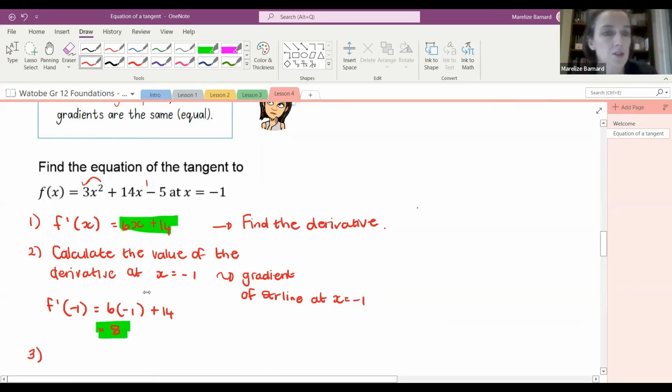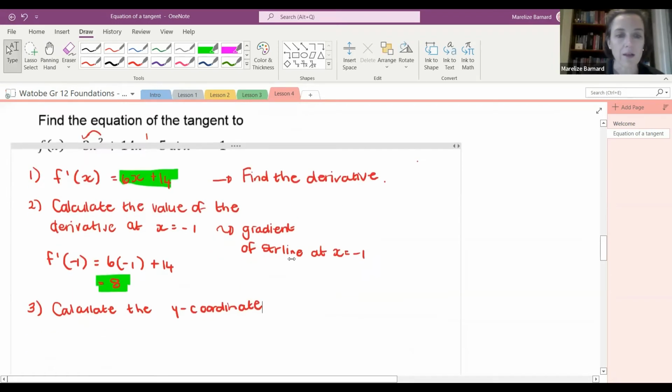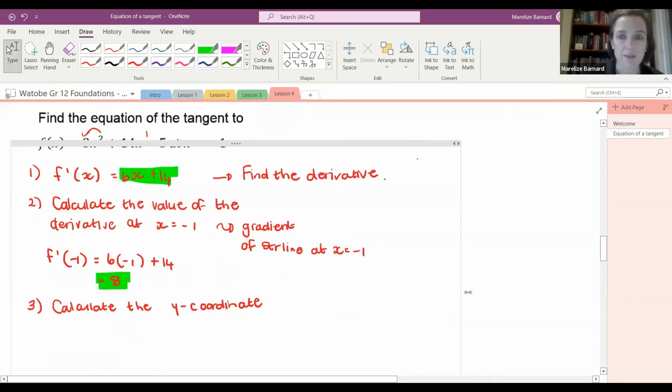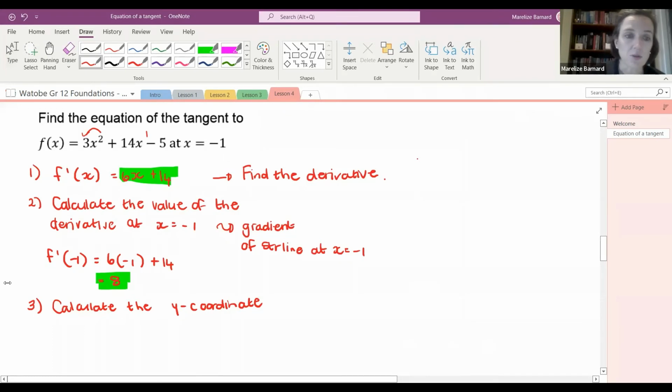Okay, so you would have noticed that, again, we only have an x coordinate. We need a y coordinate. So we need to calculate the y coordinate. We calculate the y coordinate by subbing it into f of x. So f of x where x is minus 1. To get our y, we sub that in.